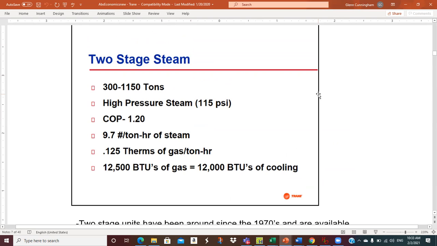But anyway, COP 1.2, so 9.7 pounds of steam per ton hour. And the gas input to the boiler is 0.125 therms, or that's 12,500 BTUs, because again, a therm is 100,000. So you take 0.125 times 100,000 and you get 12,500.